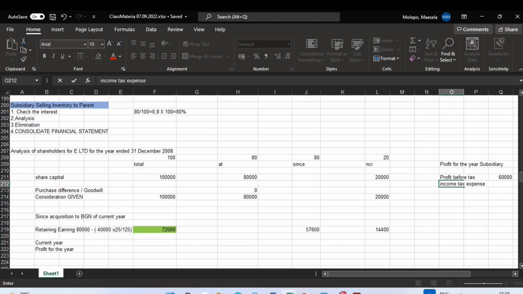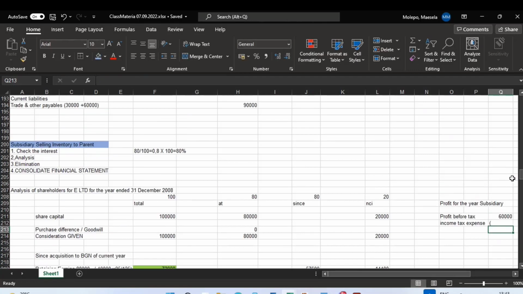From the pre-adjustment trial balance, income tax expense for the subsidiary is how much? 20,000. Okay. So we are left with 40,000.